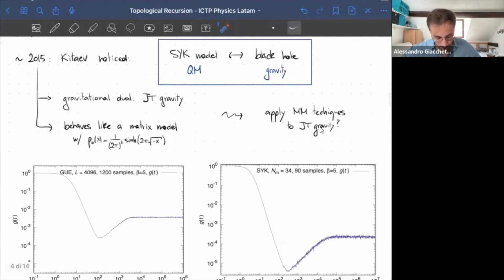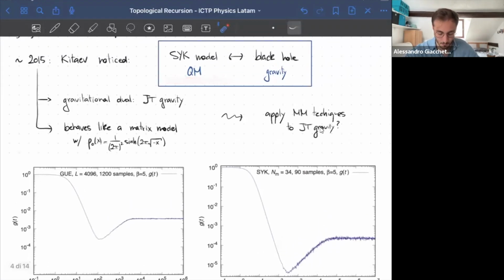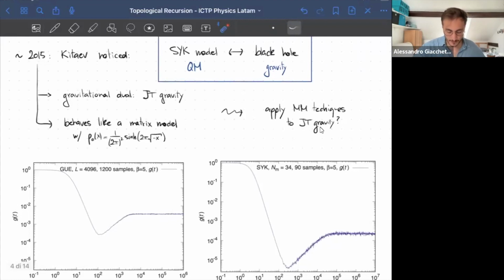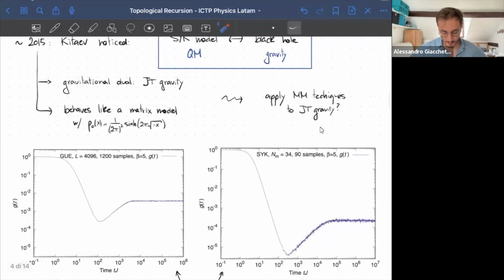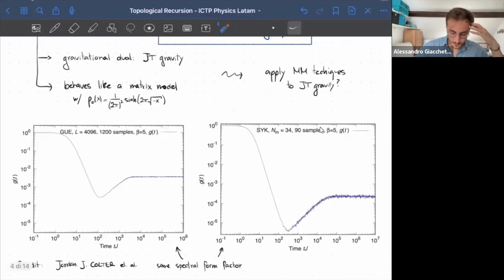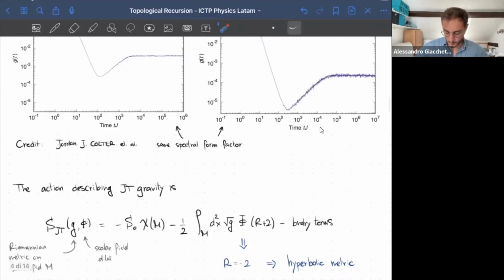I should have said this before. This SYK model has something to do with fermions, and here this N is the number of fermions. So the number of fermions in this model is what replaces the dimension of the matrices in the matrix model case. So in this sense, the SYK model behaves like a matrix model when you send the number of fermions to infinity.